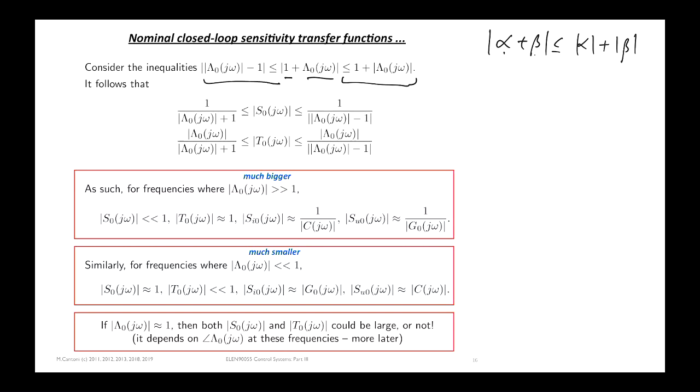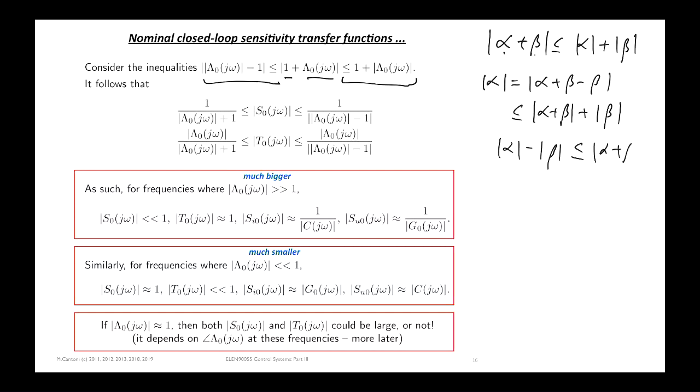This inequality comes from the triangle inequality as well. If I've got alpha and rewrite that as alpha plus beta minus beta, nothing's changed, then I can write this by the triangle inequality. And if I rearrange that now, I get alpha minus beta less than or equal to alpha plus beta. So that gives me a lower bound.